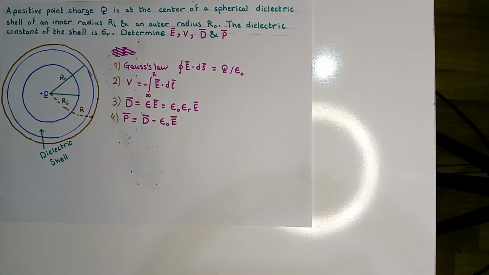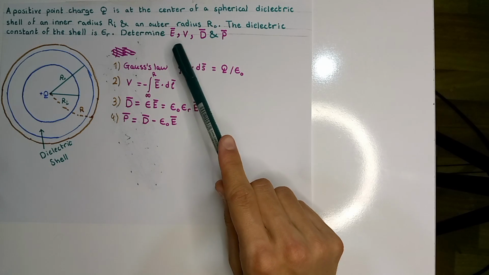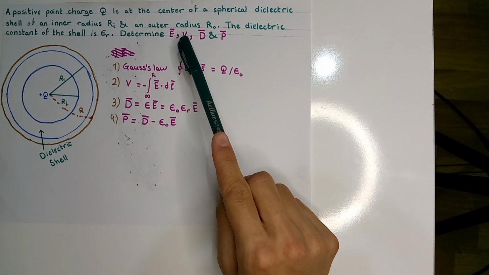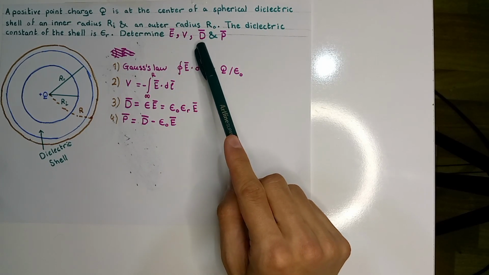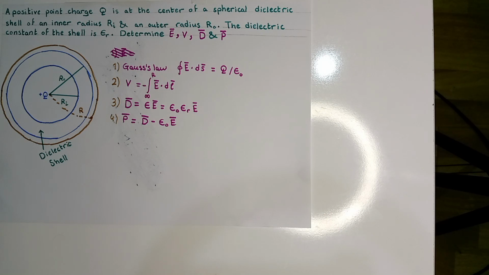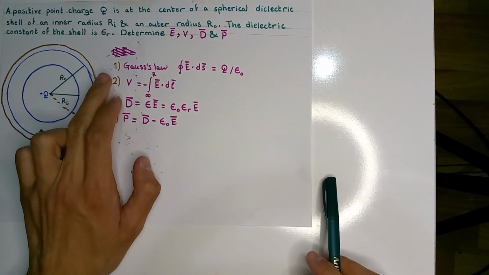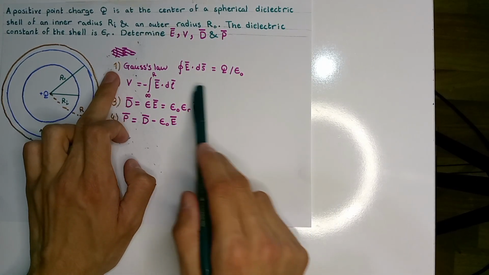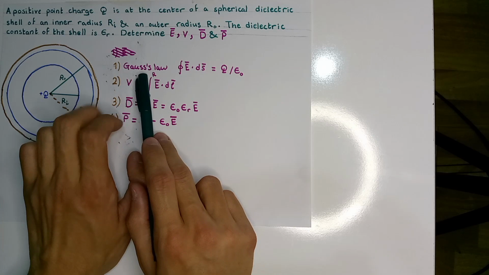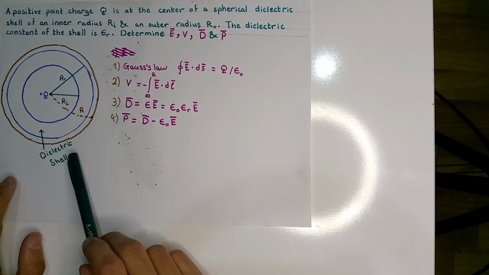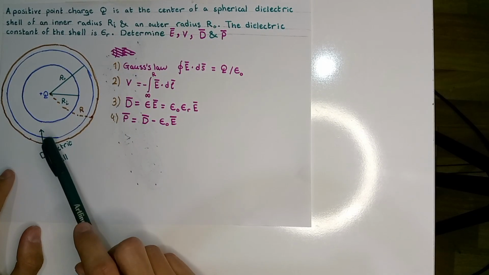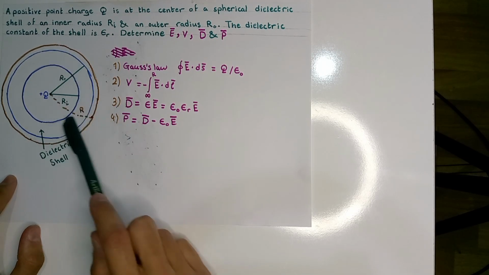From this problem, we are going to determine the electric field, the electric potential, the electric displacement, and the electric polarization. The methodology we are going to pursue is firstly calculating the electric field by using Gauss's law. Yes, Gauss's law is applicable in this case because we can construct a Gaussian surface around this shell.